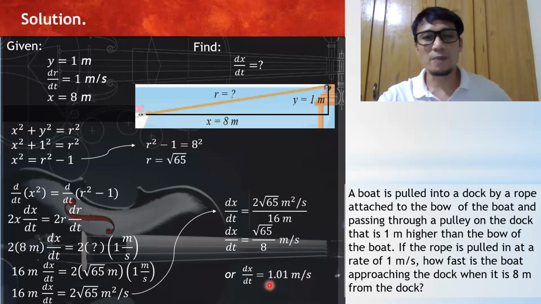So what is the implication of this? It means that as the rope is pulled at a rate of 1 meter per second, the boat is approaching the dock at a rate of 1.01 meter per second. Okay, so that's the application of that.